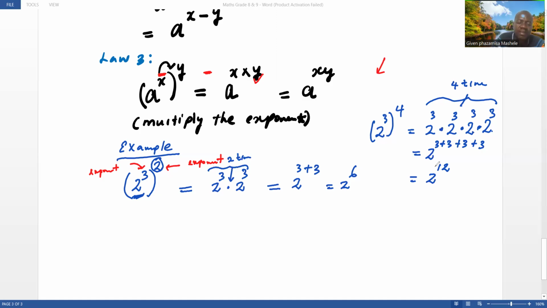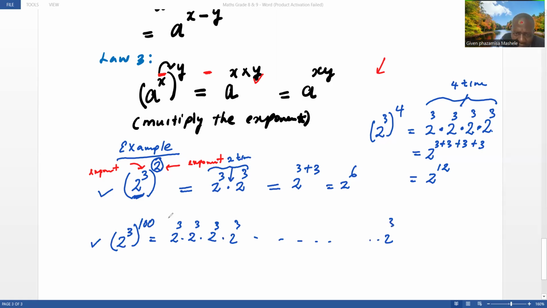So you see that, for now, it's easy. But imagine when we have 2 to the exponent of 3, but 100 times. Does it mean that we need to expand this 100 times? It will be tedious work, because it's 2 to the exponent of 3 times 2 to the exponent of 3 times 2 to the exponent of 3, and so on, how many times? 100 times, ladies and gentlemen.